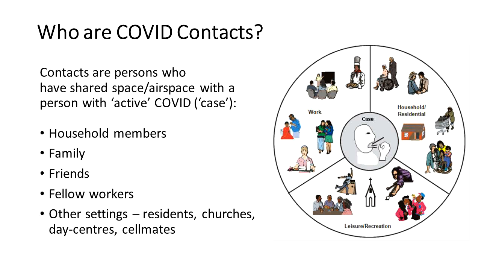So we're primarily thinking about household members, other members of the family, friends, fellow workers, and also other settings, so residential accommodation, care homes, nursing homes, churches, day centres, and people in prison, their cellmates.